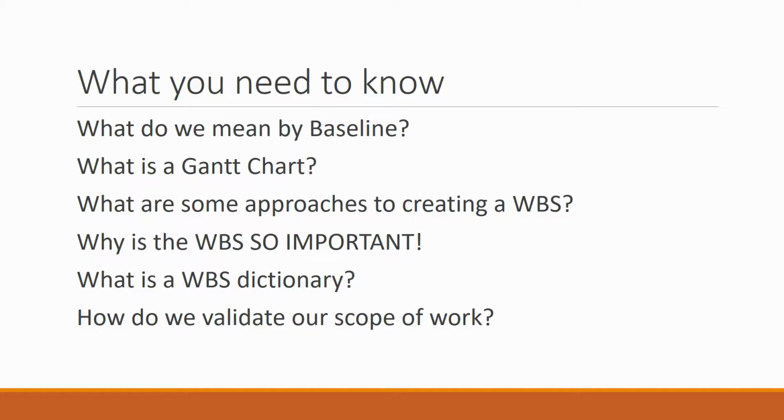A work breakdown structure dictionary, or a WBS dictionary, is a supplemental document. We will not be doing them in our project, but you should understand what it is because they are done in a lot of more complex projects. A work breakdown structure will help define deliverables and tasks with more detail.